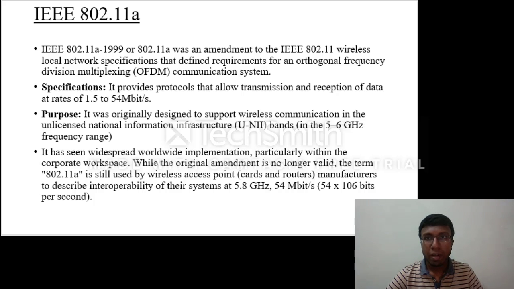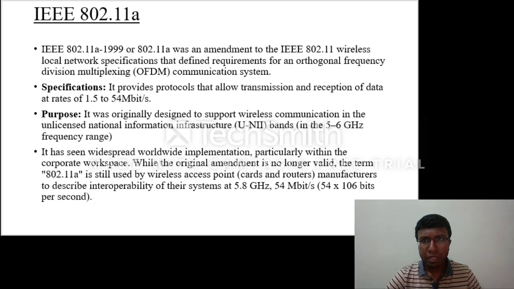Now, IEEE 802.11a. IEEE 802.11a, also known as IEEE 802.11-1999, was an amendment to the IEEE 802.11 wireless local network specifications that defined requirements for an orthogonal frequency division multiplexing communication system.